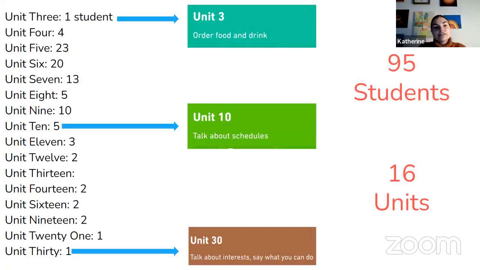You can see that there's a large portion of students in unit 5, 6, and 7. But the fact that there are 16 different units represented here means that my students all know very different things, and they're all in very different places when it comes to their Spanish skill set, right? The target language skill set.